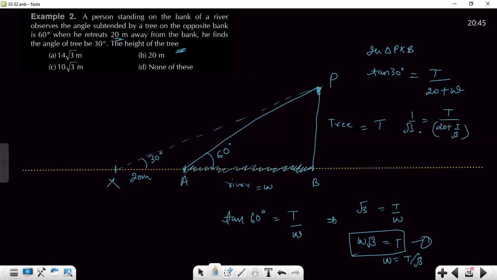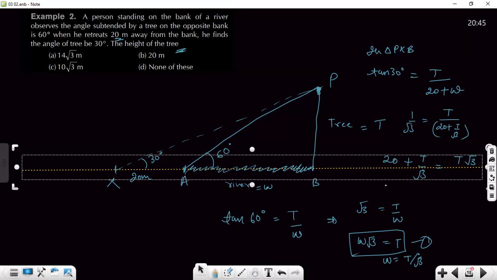Let's cross multiply. On cross multiplying, this will give us 20 plus t by root 3 equals t root 3. Okay. So let's solve the remaining portion on the next page.